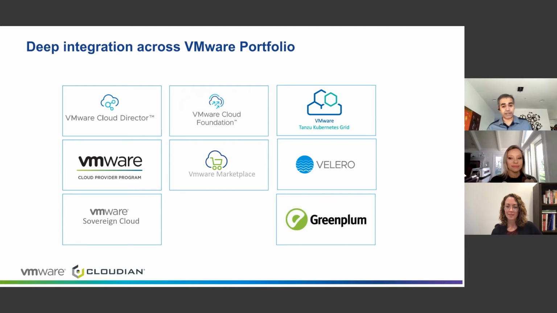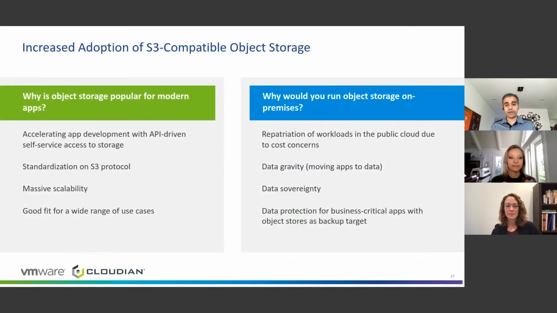Michaela will cover that towards the end of this presentation. Before we go into how we integrate into the TKG piece, we want to touch upon why it is important to know and work with object storage when we are transitioning to modern apps.